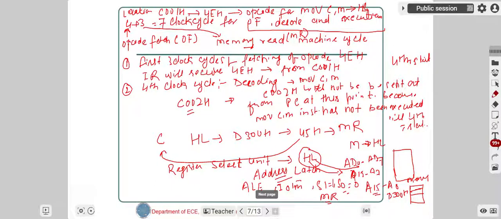At the end of T2, the 8085 will sense the ready input again. If the ready input is 0, then some wait states would be introduced. On the other hand, if the ready input is 1, then a wait state would not be introduced, and the next clock cycle will begin immediately. So the 8085 would move to the T3 state only when the ready signal is 1.